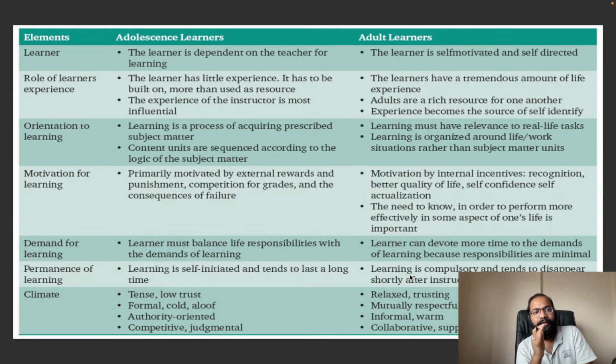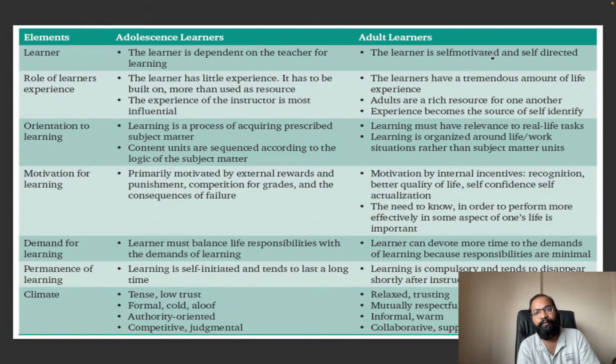And a few of the differences between adolescent learners and adult learners, with respect to a few elements, I kept here in 2 slides. So if you are watching this video as a recording, pause this video here and try to note down the points. Here, in adolescence, the learner is dependent on the teacher.